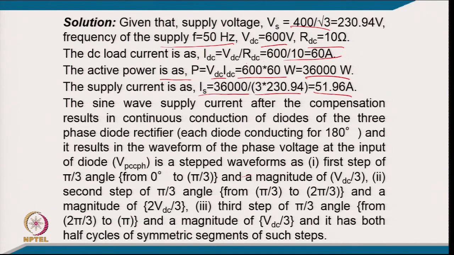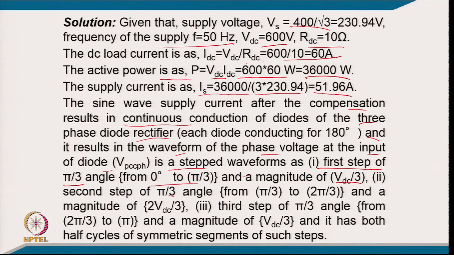And now, coming to calculate the series injected voltage, the sine wave supply current after the compensation results in a continuous conduction of the diodes of the 3 phase diode rectifier, each diode conducting for 180 degree, and it results in the phase voltage waveform at the input of the diode being a stepped waveform. The first step is of pi by 3 angle, from 0 to pi by 3, with a magnitude of VDC by 3.